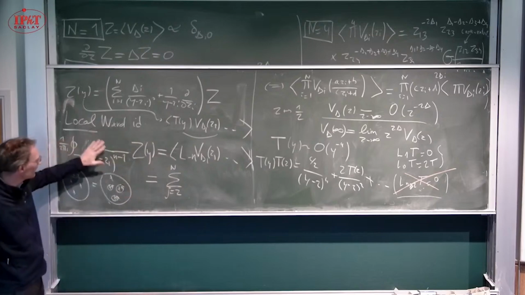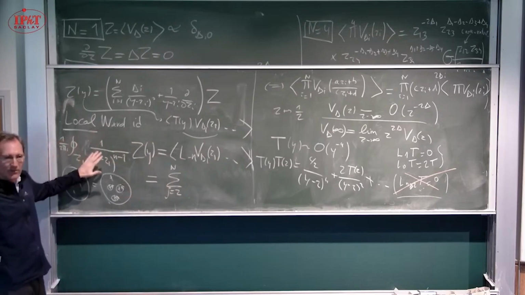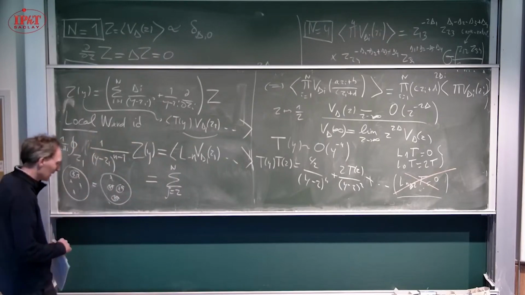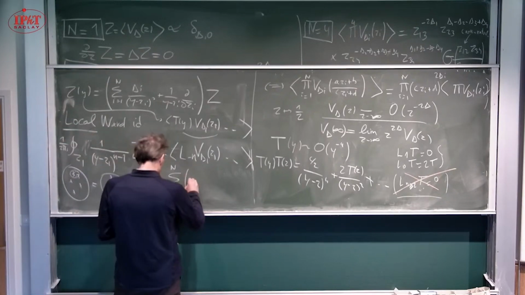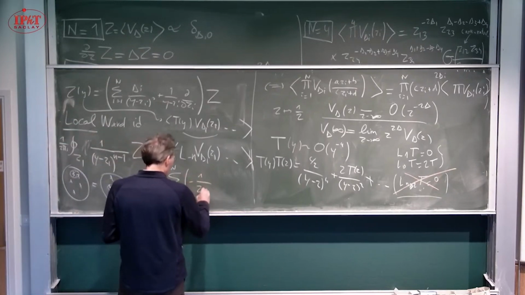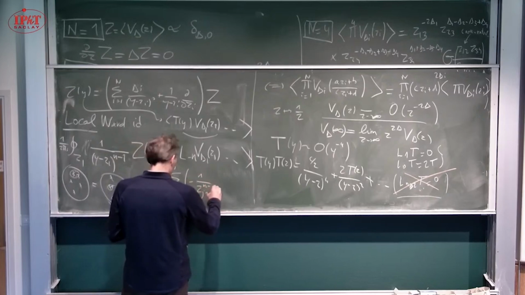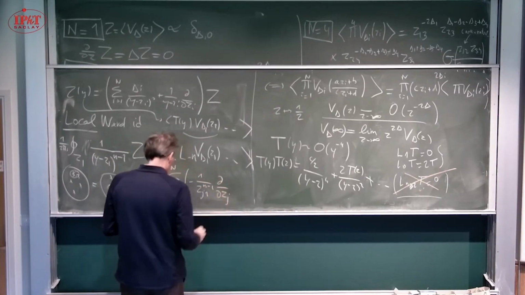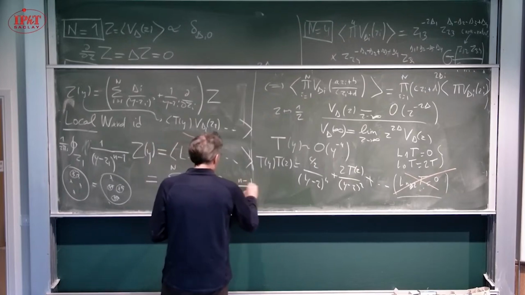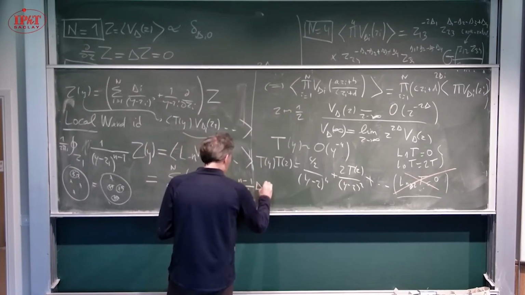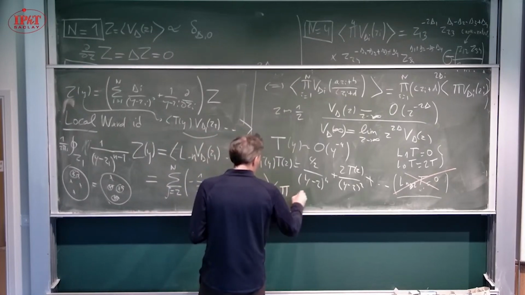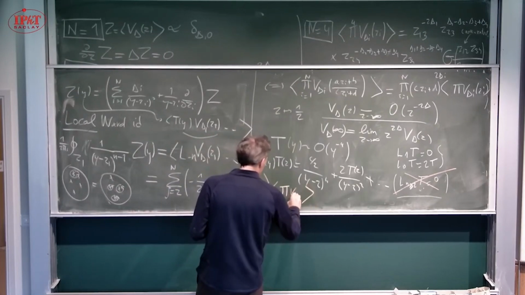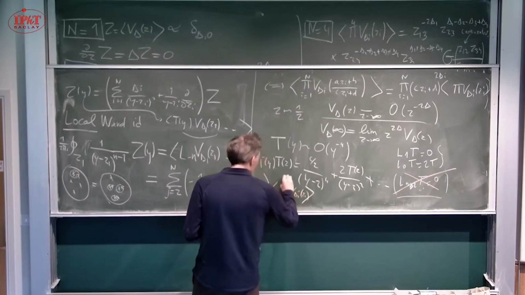Now my prefactor is perfectly regular at this position, so it's just a simple calculation of complex analysis. And the result is minus 1 over Zj1 to the n minus 1 times the derivative with respect to Zj, plus n minus 1 over Zj1 to the n times Δj, times my original correlation function, the product of V_Δi(Zi).